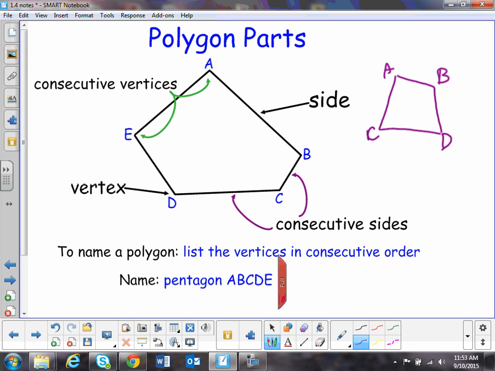And they'll say, name that polygon, and then you'll say quadrilateral A, B, C, D. That's incorrect because it doesn't go in order, right? So you would have to say A, B, C, D, going clockwise or counterclockwise in consecutive order. So they like to trick you sometimes like that to see if you remember the geometry part.